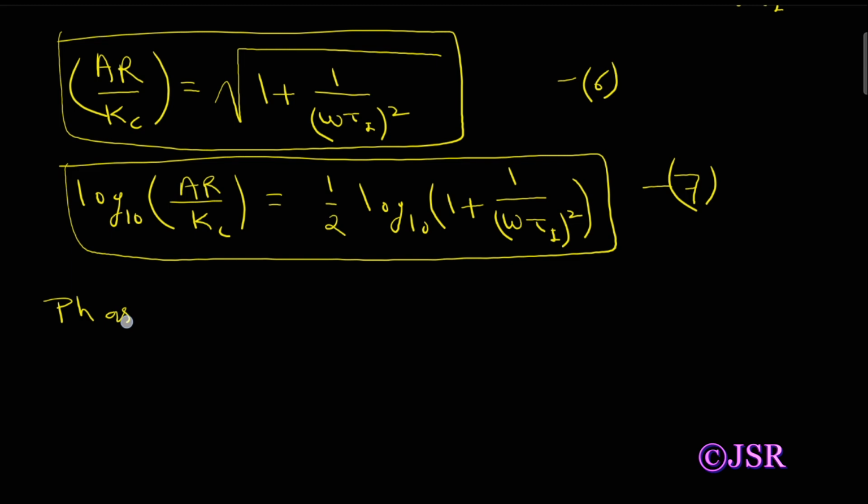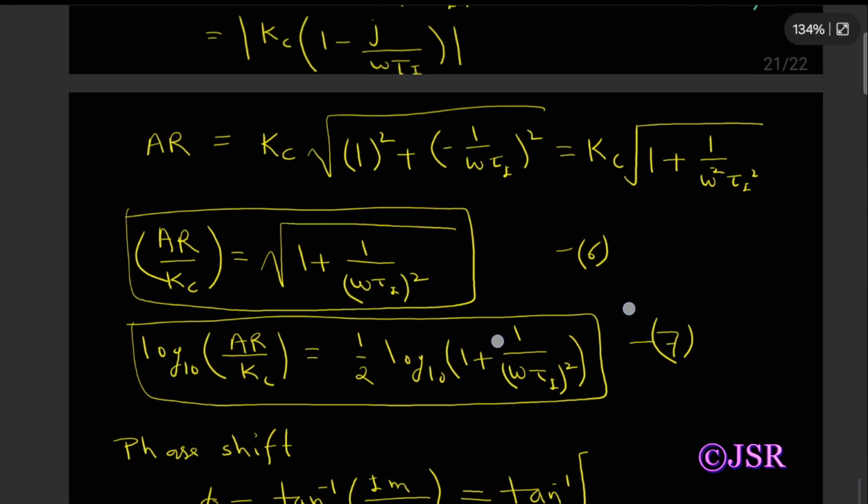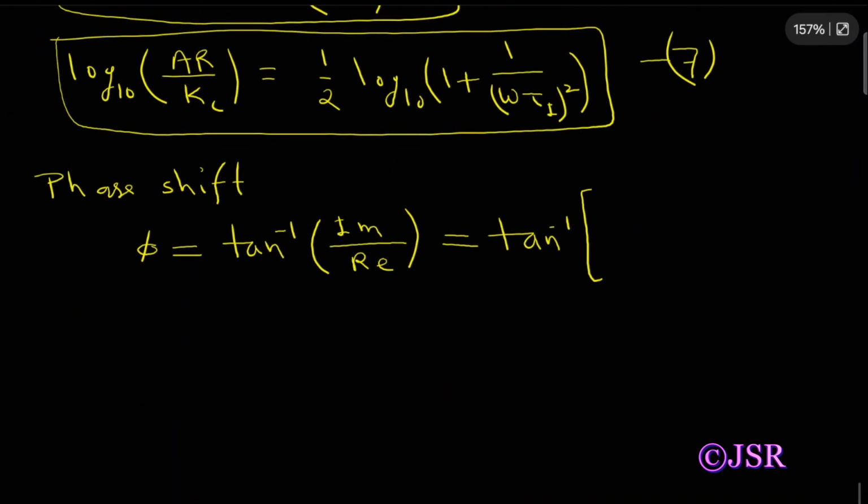So for phase shift, phi can be written as tan inverse of the imaginary part of G of j omega upon the real part, and that will be equal to tan inverse, and the imaginary part is minus 1 upon omega tau I, and the real part is 1.